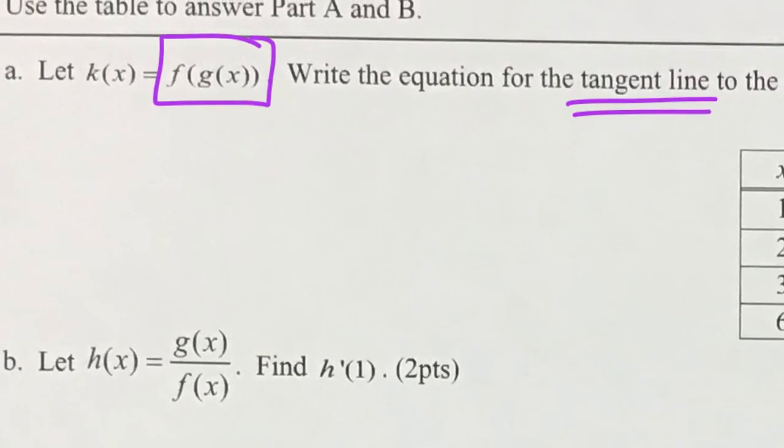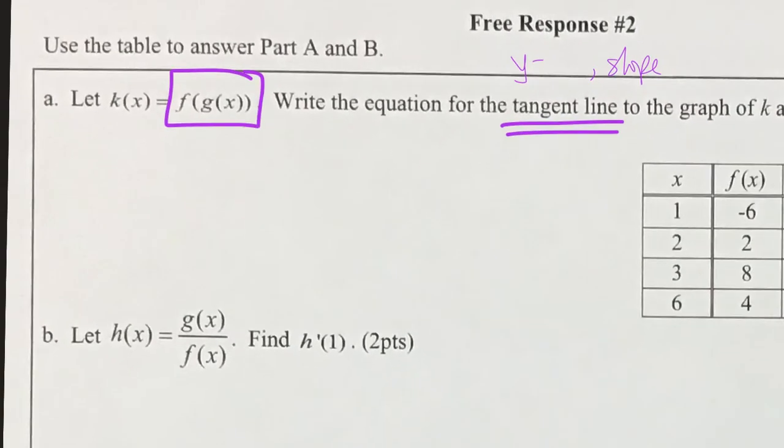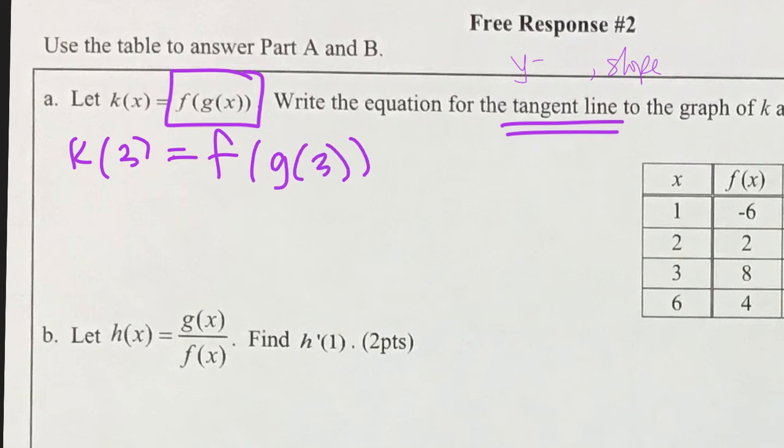Right, the tangent line, we need to find the y value, and we need to find the slope. The y value is pretty okay. We just have to plug in 3, right? Plug in 3 into x. What is f of g of 3? Okay, so we go to our table. The first thing we look at is g of 3.